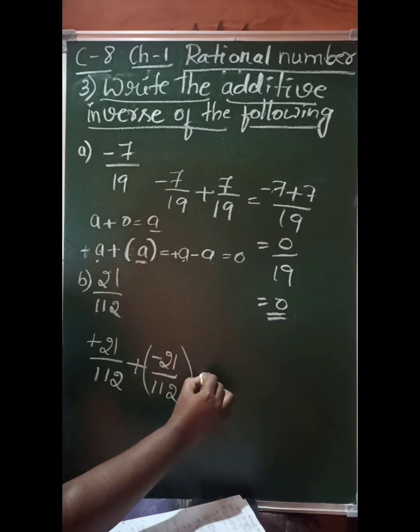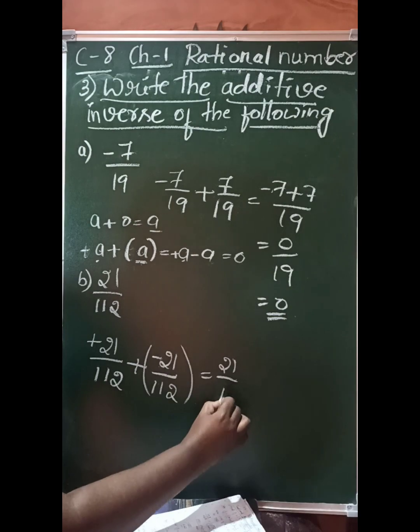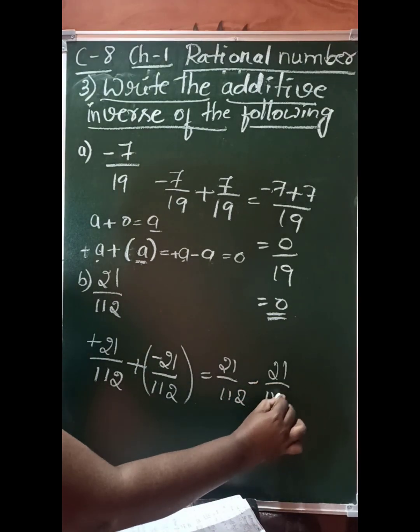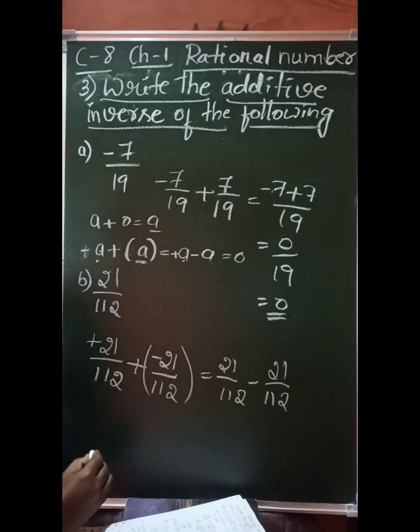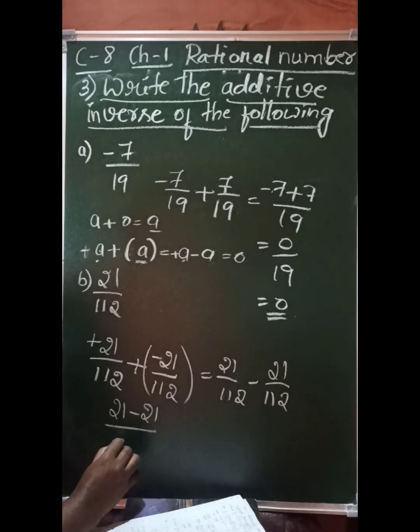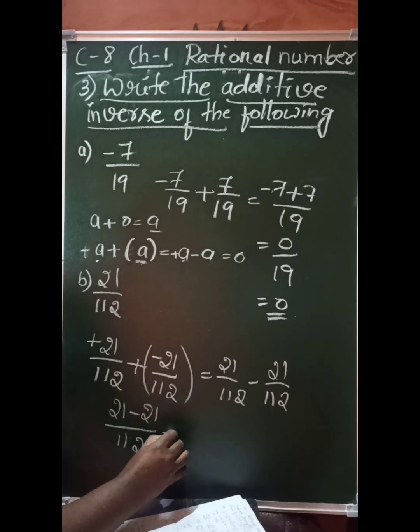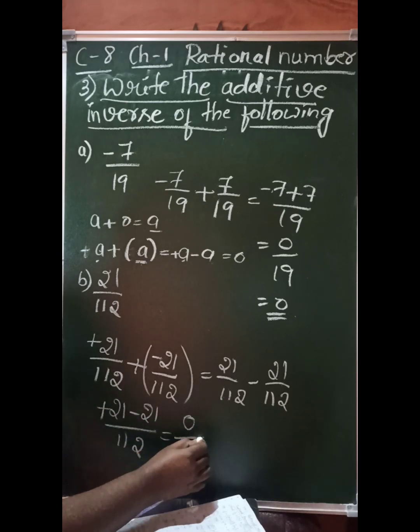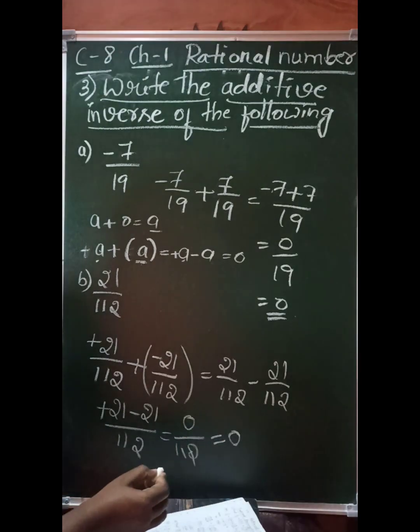So add this one, what will you get? 21 by 112 minus 21 by 112. As we know that the denominator is the same, add the numerators, that is 21 minus 21 by 112. So plus 21 minus 21 you will get 0 by 112. So the answer will be 0 only.